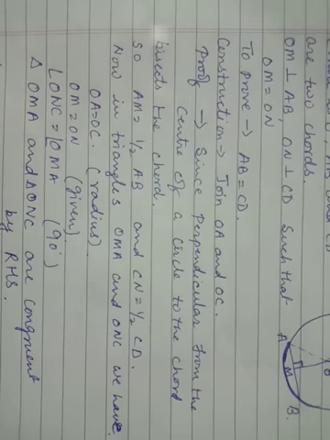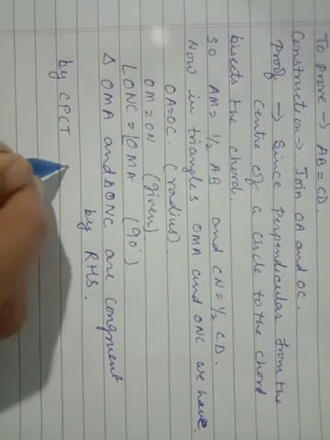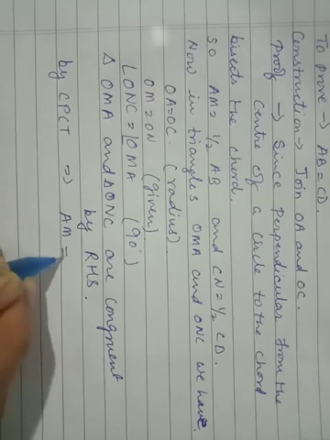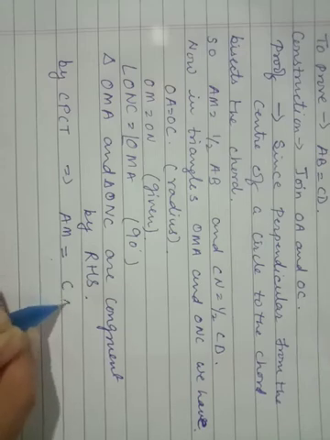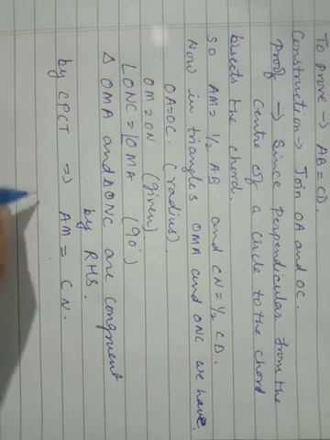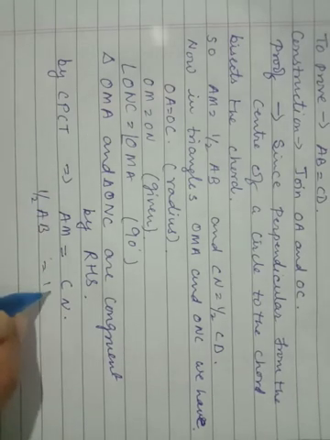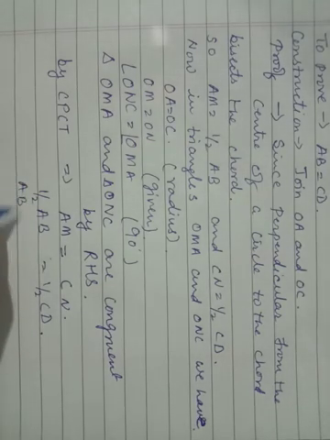So by CPCT we can say that AM is equal to CN, which is half of AB, and this is half of CD. So AB is equal to CD.